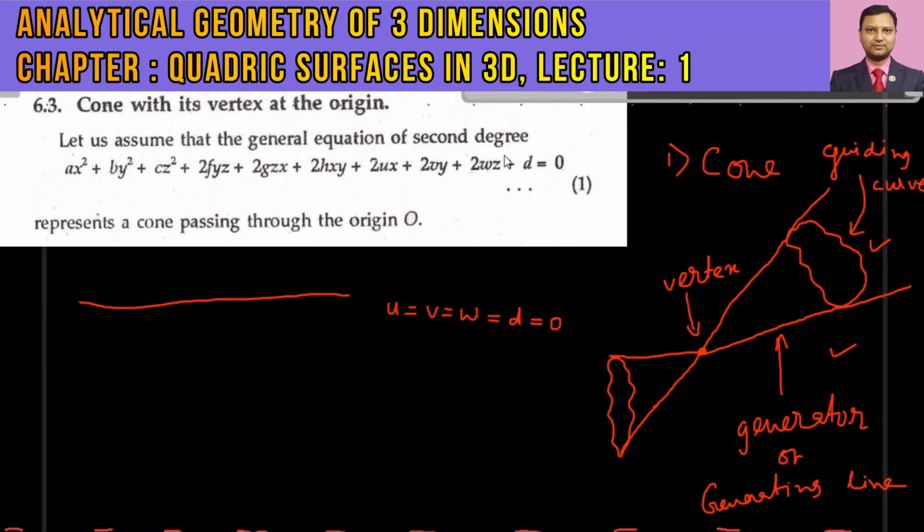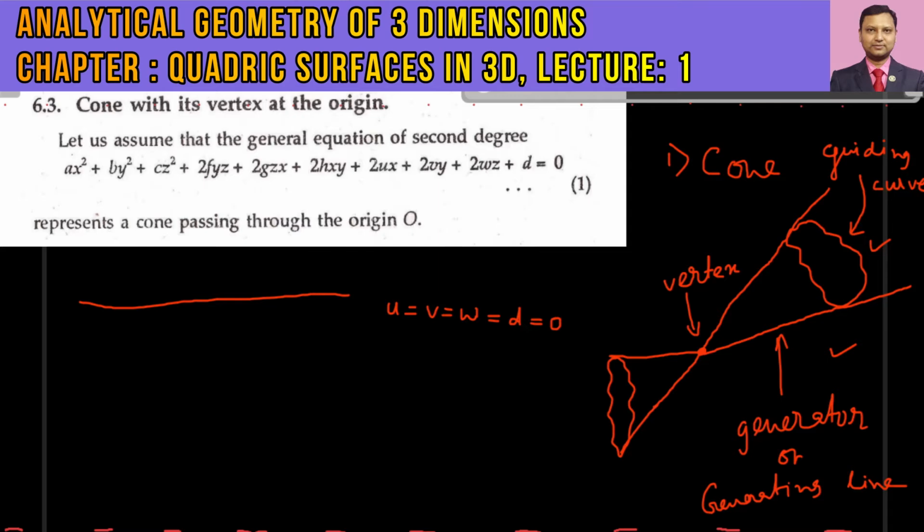If we consider this general equation of second degree and this generating line, we are going to show that this equation will represent a cone passing through the origin.